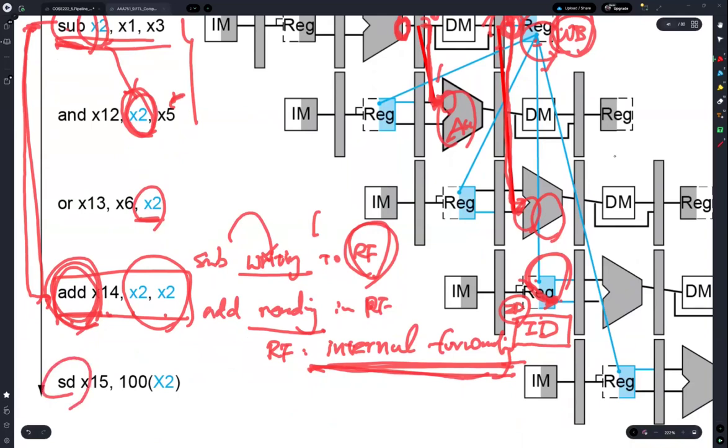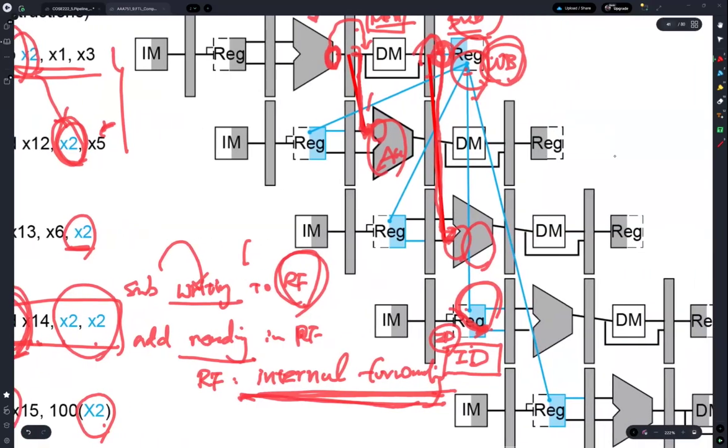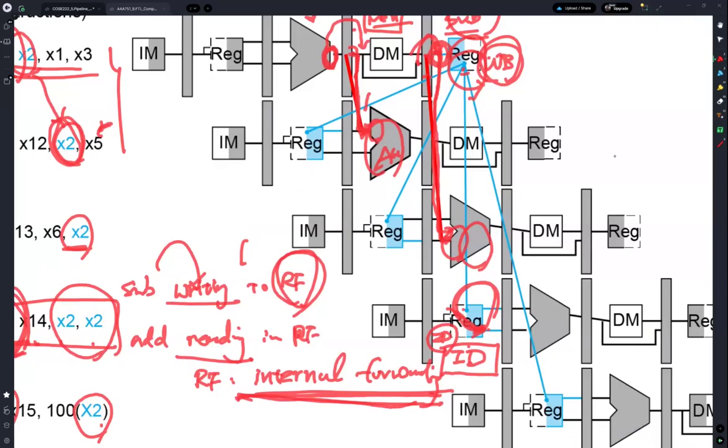So how about the store instruction? The store instruction also uses the x2 data generated by sub instruction, but we can observe that this data was already written back to the register file, right? Which means the data exists in register file.